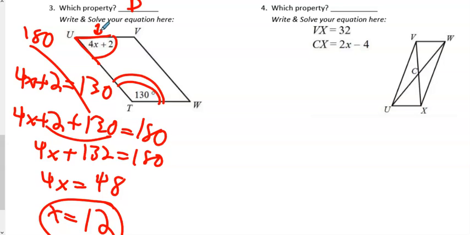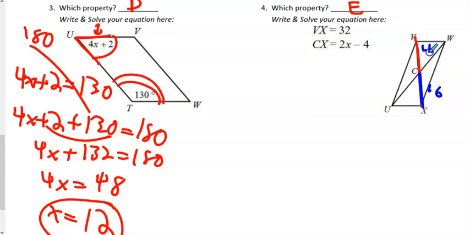Last but not least, we have a couple diagonals. Which one is that? E, property E. And E says they bisect each other. So let's do some drawing and see what we got here. VX is the whole thing. That's 32. CX is just this piece. Half of it. So if the whole thing is 32, that means this is 16.